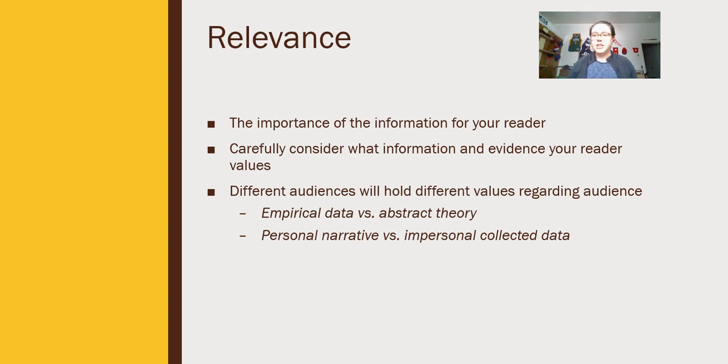So other ways you can think about this, empirical data versus abstract theory. Some fields will say, we want the numbers, we want things that we can see, data that we can work with, whereas other fields are like, no, you're totally good with using more abstract theory, more philosophical approaches. Also, again, personal narrative versus impersonal collected data.